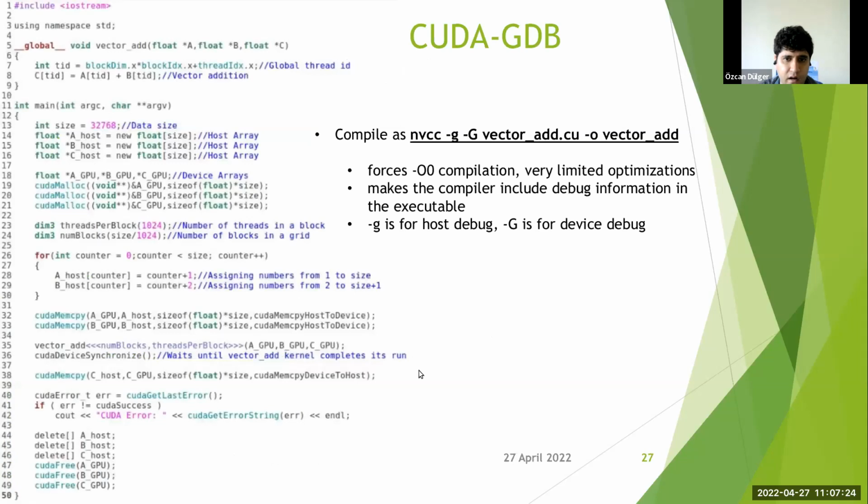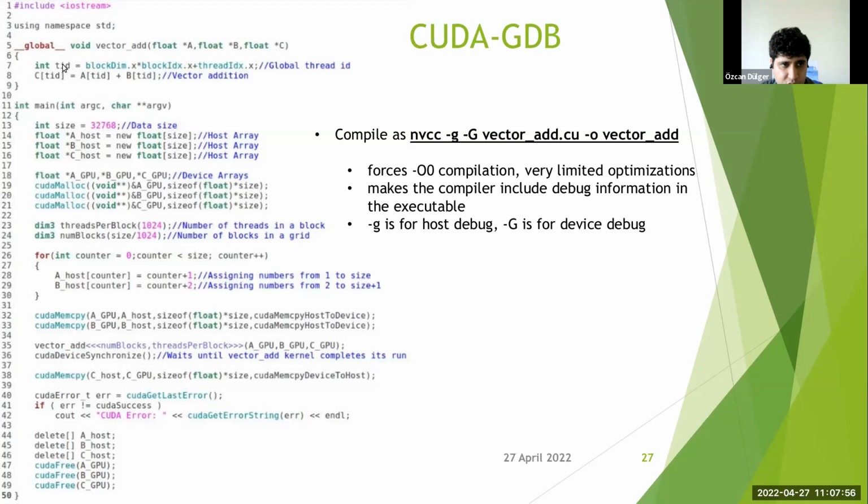Let's start our example first. Here we have a kernel, vector add is the name of the kernel. It takes 3 pointer arrays, and a vector addition is performed. We calculate the global thread ID. I think you learned it yesterday.